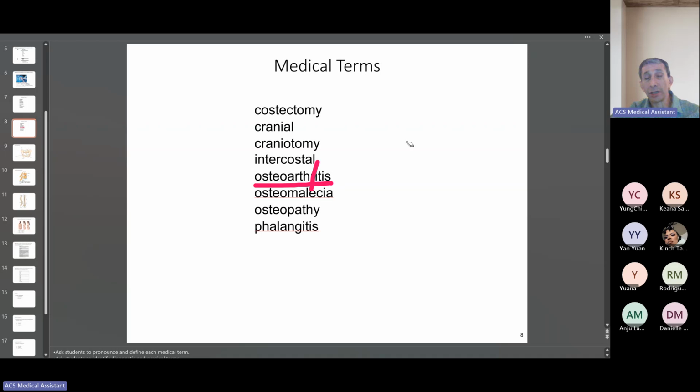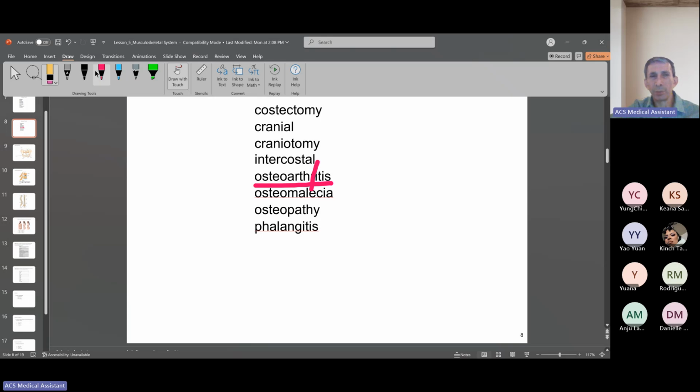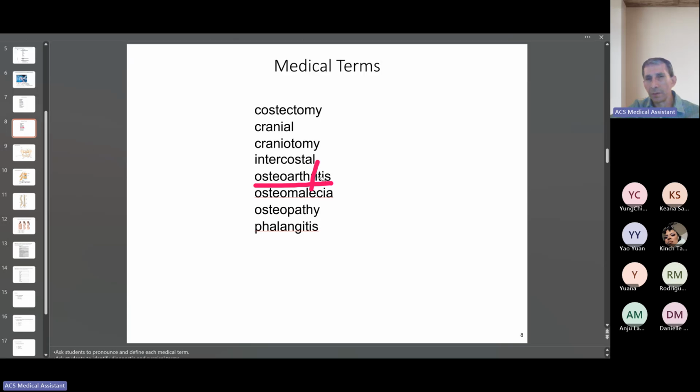Those are articulations, joints. So it is important to know where the joints are. Joints, as the word implies, are where two things are meeting. So that's a joint.